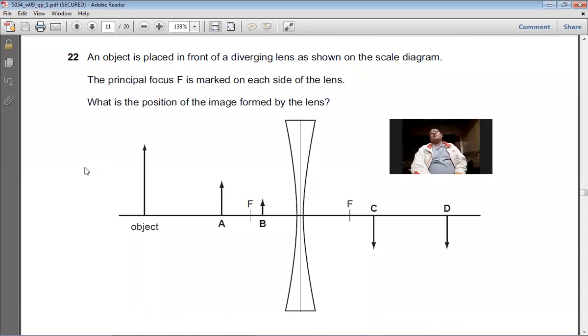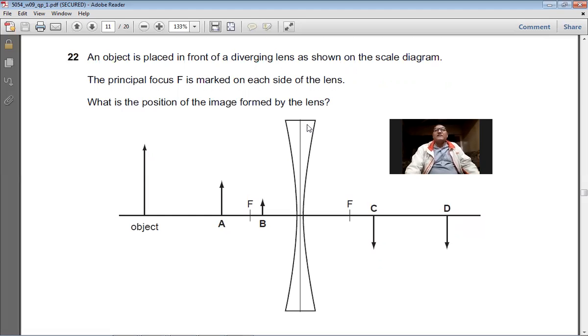An object is placed in front of a diverging lens as shown on the scale diagram. The principal focus F is marked on each side of the lens. What is the position of the image formed by the lens? If you want to locate the position of the image, because this is a diverging lens, I will start from the head of the object, a line which will be parallel to the principal axis.